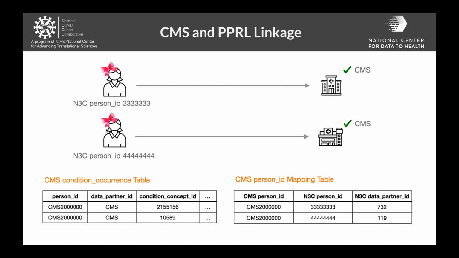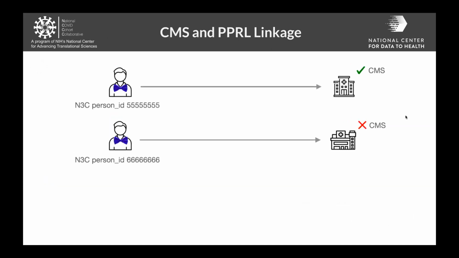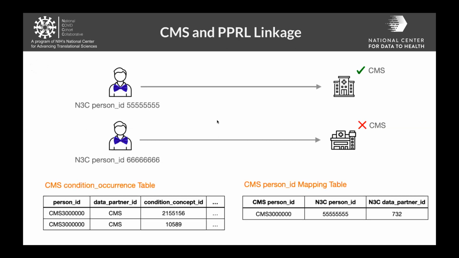And so I'm indicating that here by putting a bow in our hair. We might also have a situation like this, where suppose, for example, we wouldn't know this, but suppose we would know that these two patients happen to be the same person that visited two different sites. But one of them linked to the CMS data and one of them did not. What that would look like is we would only have the mapping for the person ID and the N3C person ID where the site has agreed to that mapping.